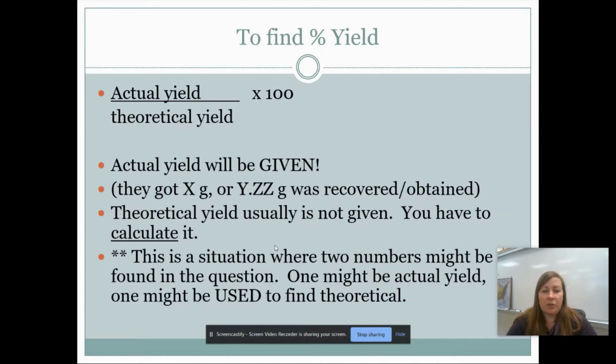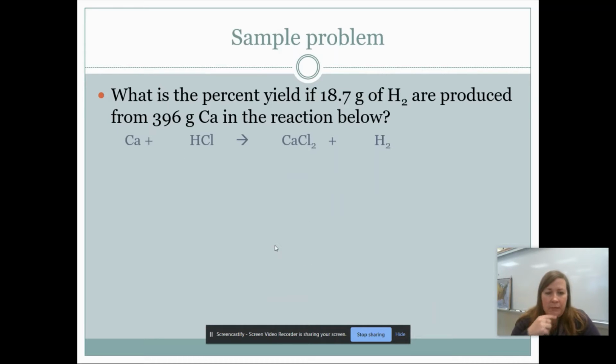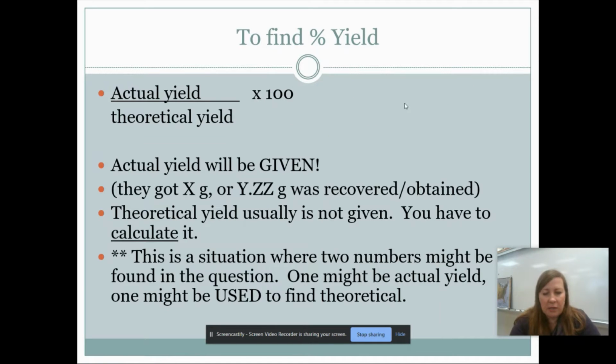The actual yield and the theoretical yield have to have the same unit and substance associated with them. Going back here, the percent yield is what we're looking for, and it says 18.7 grams of H2 are produced. So this is our actual yield, and our theoretical yield is going to have units grams of H2 also. I'll show you how to do this one in a second.